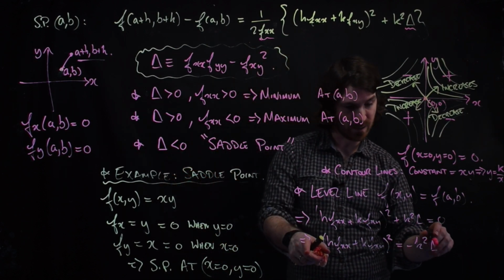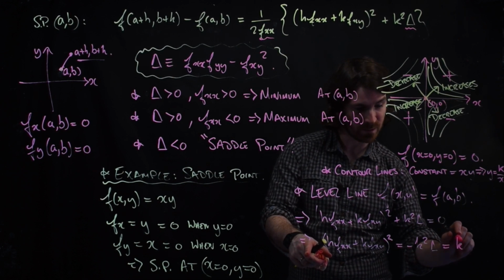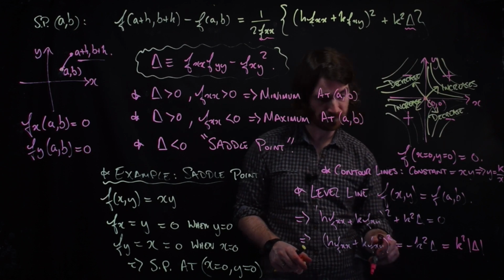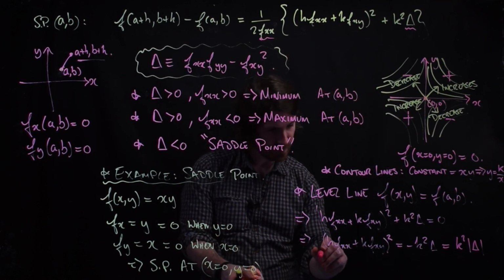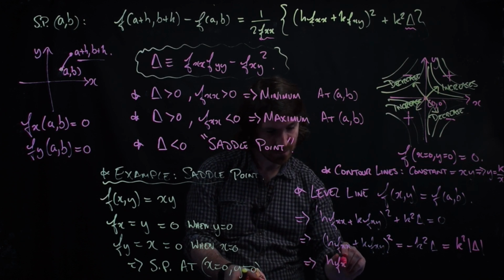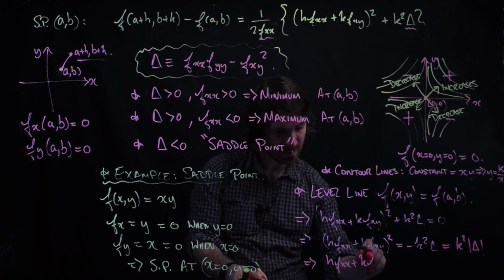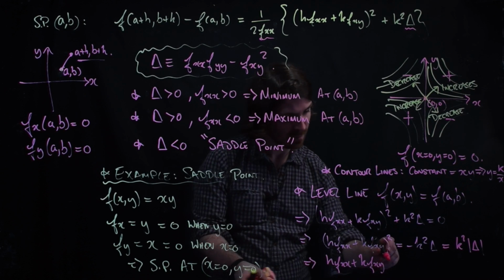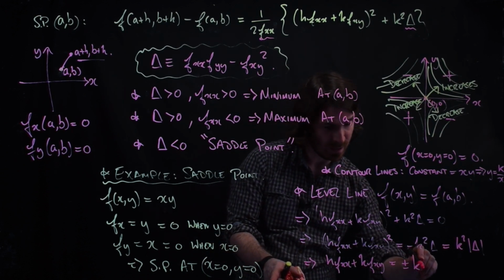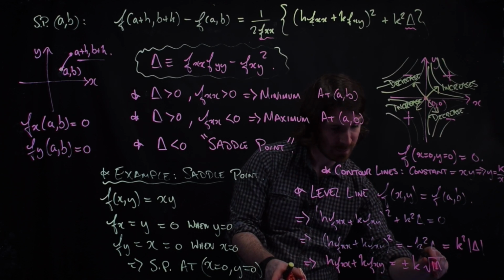So minus delta we can write as mod delta. This is a positive number. So this means that hfxx + kfxy equals plus or minus k root mod delta.